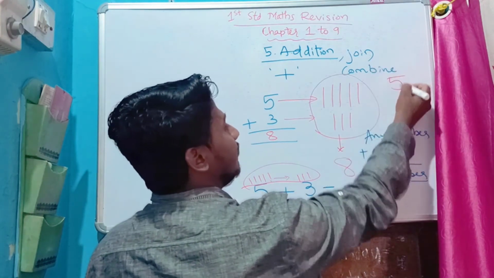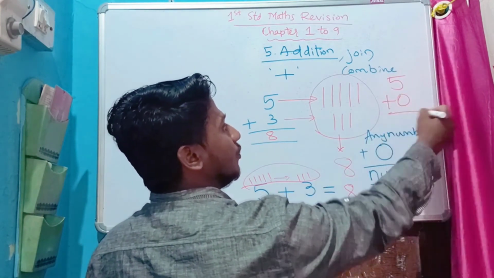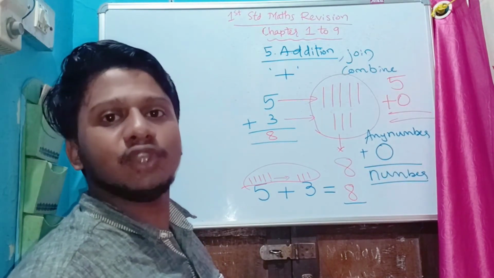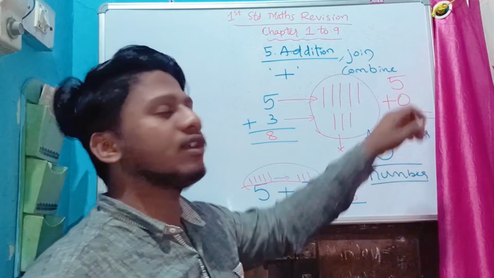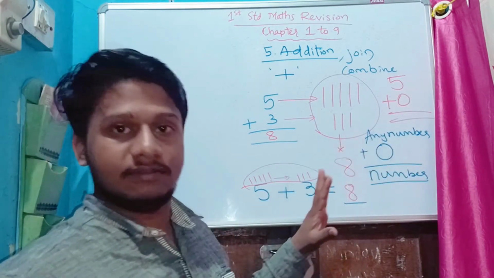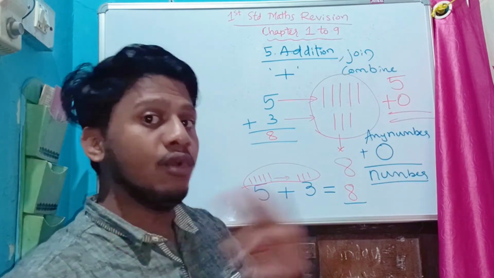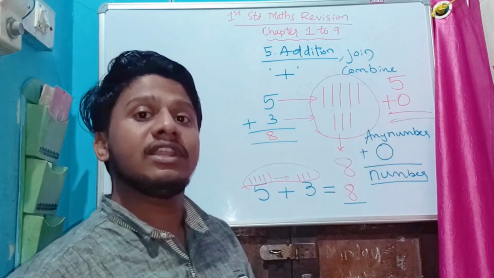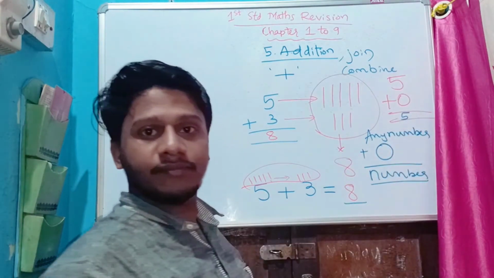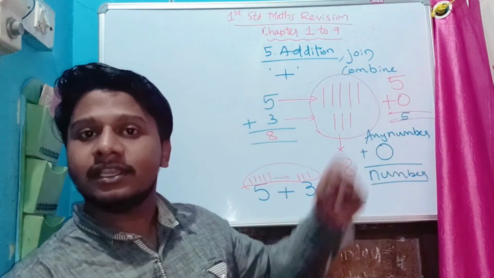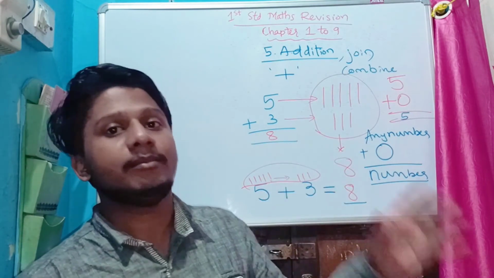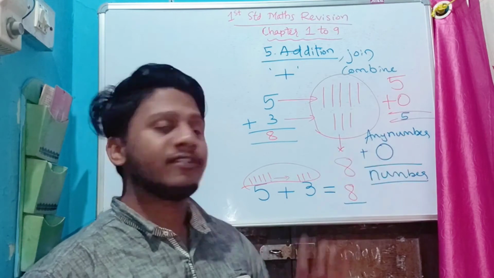Say 5 plus 0. It means what? You are having 5 chocolates and 0 means what? Nothing. Means you didn't give to anyone. Means what? You have still 5 chocolates with you. Yes. Am I clear with this? When you add 0 with any number, the number itself will be the answer.